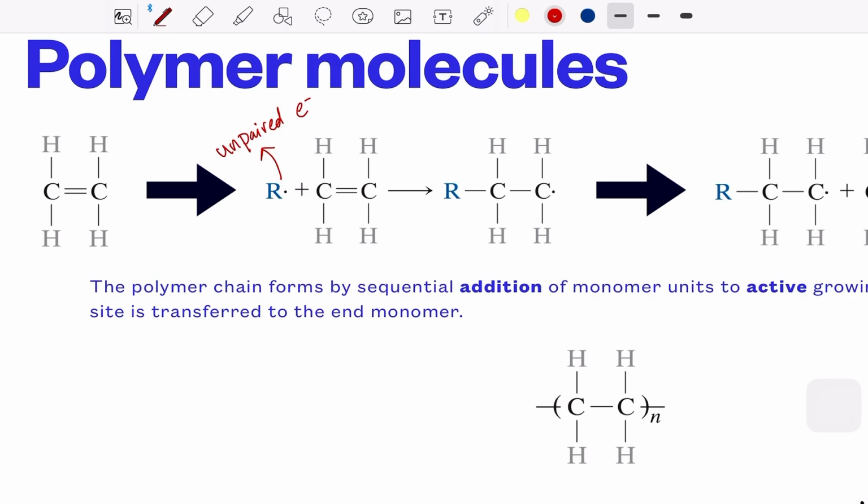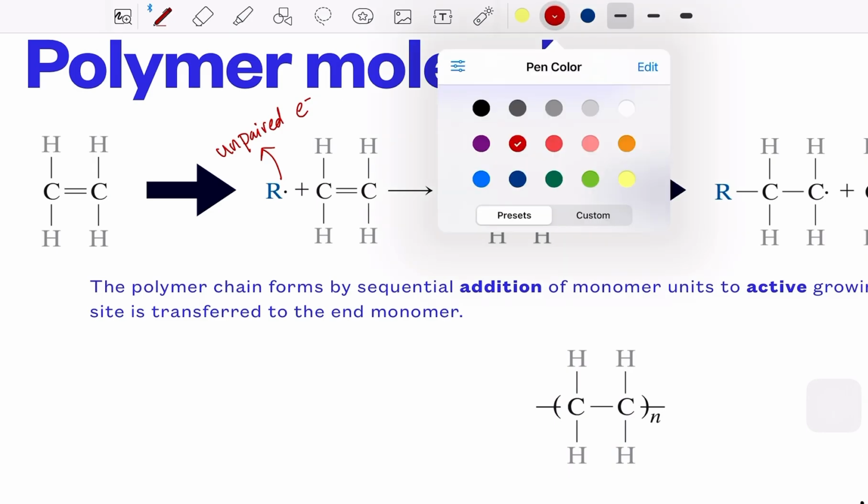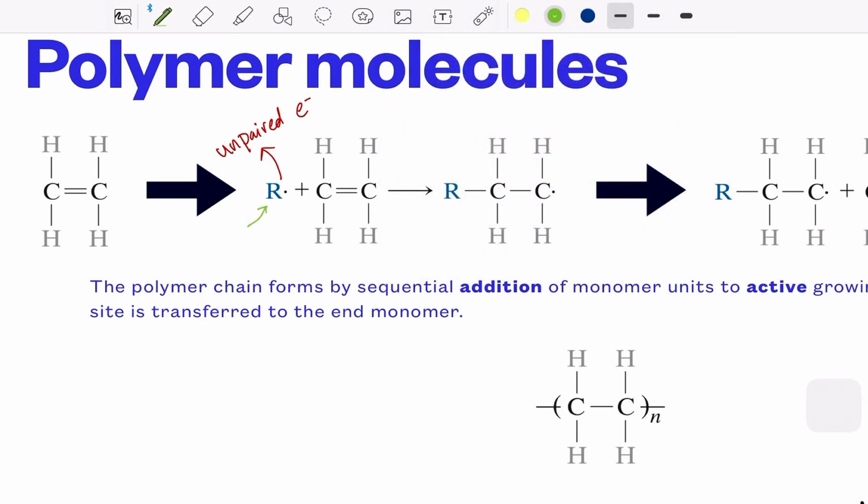Okay, what does this unpaired electron do when we add it to the monomer that we want to react? Usually, how can we get this unpaired electron? Usually we need some catalyst, or we usually call it an initiator. So let me write here an initiator.